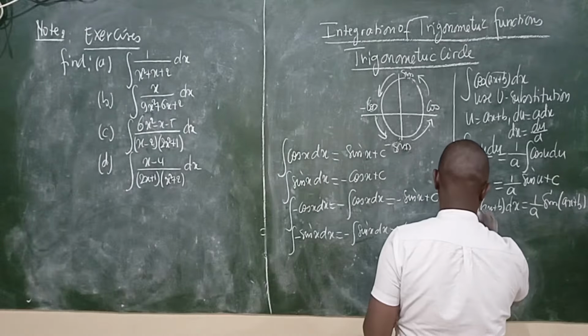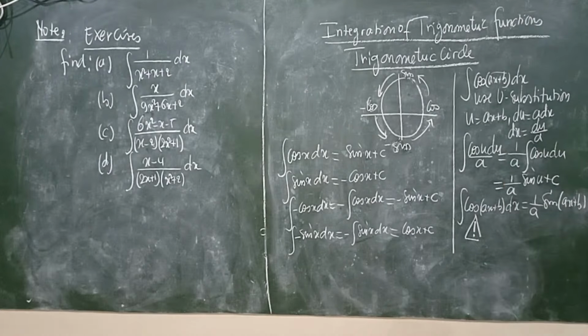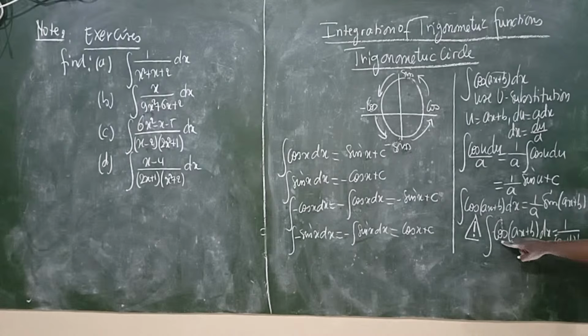Simply, before having examples, the integral of cosine of ax plus b dx is equal to 1 over the derivative of ax plus b, times the integral of cosine which is sine, using the same stuff, and then we add the constant of integration. Really hope you are getting the course.